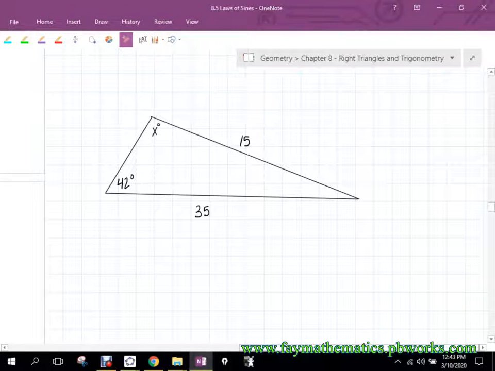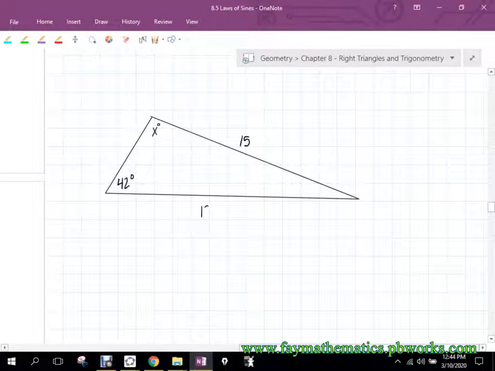Okay, so if you've just set this up, let's change that 35 to 13, which will be better.